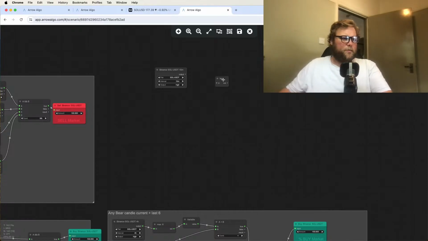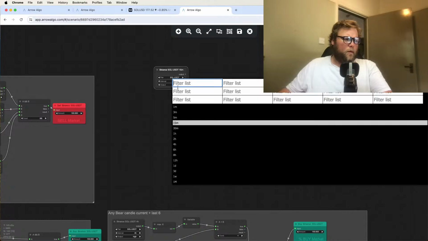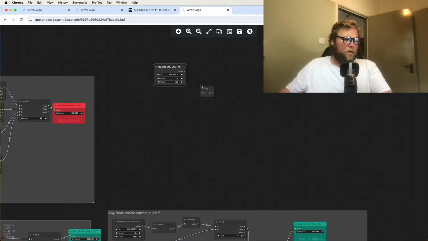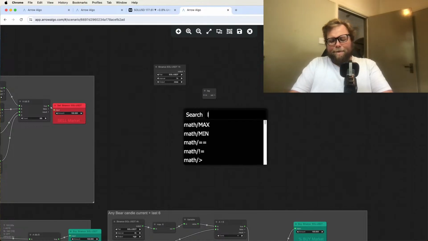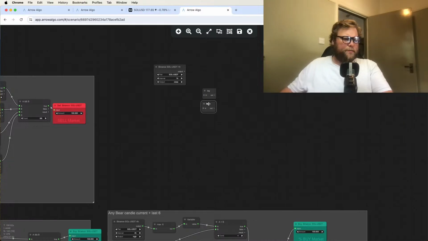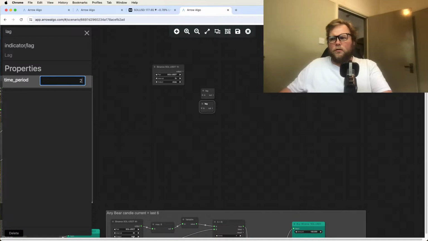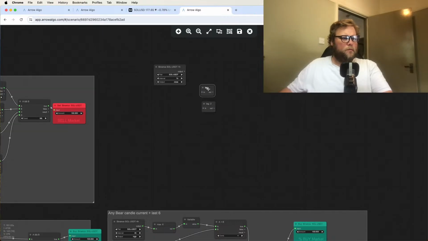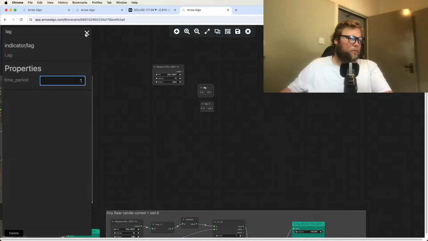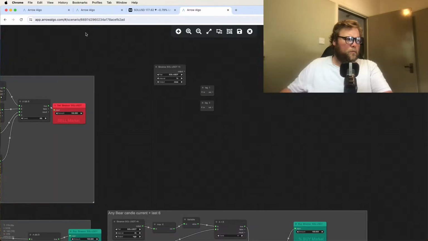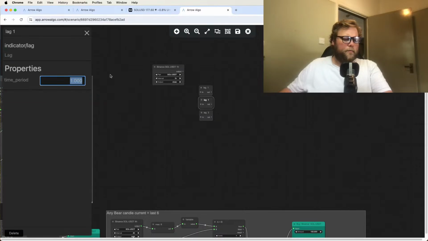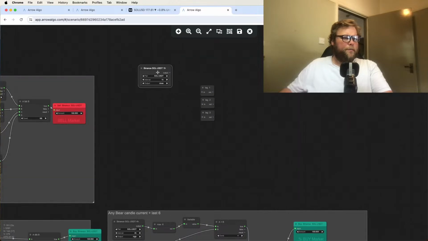So let's go with a similar setup. Looking at the closing price, data watcher, a couple of lag blocks. Lag 1, lag 2, lag 3.